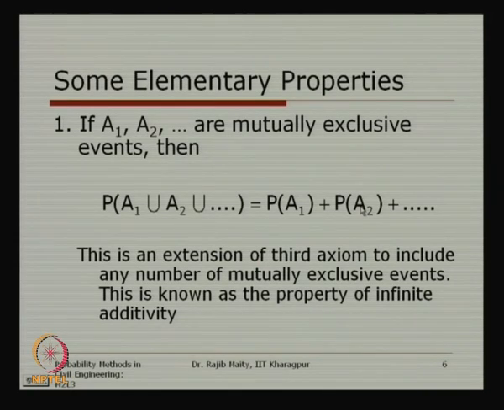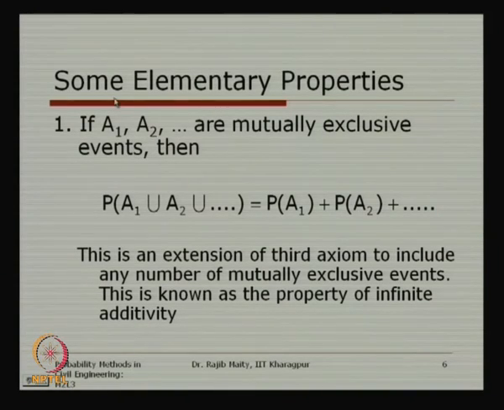Now, based on these three axioms, there are a few elementary properties. Those are very useful to draw certain conclusions from these axioms, and we will go through them one after another.